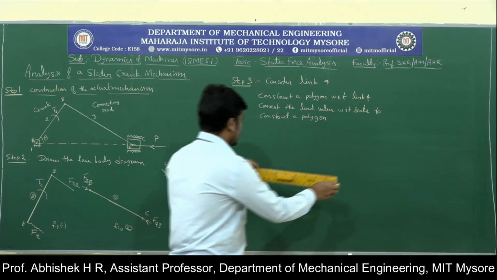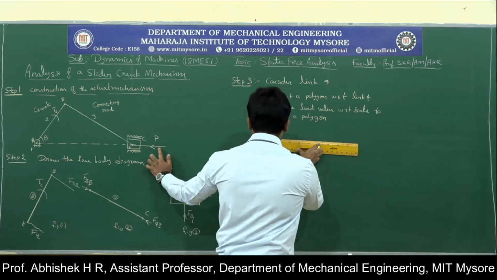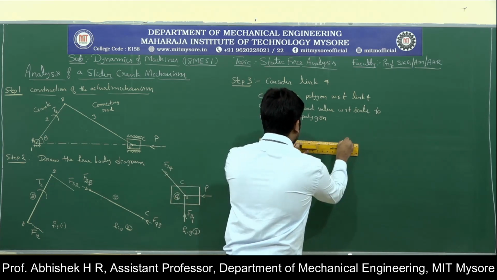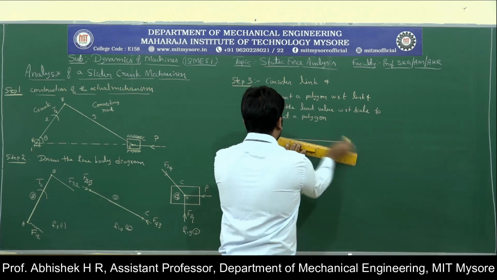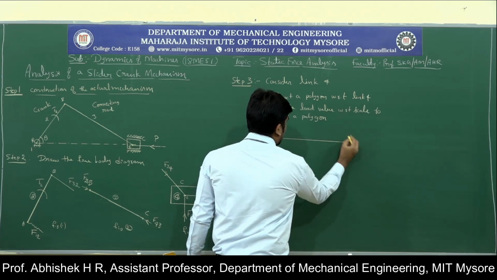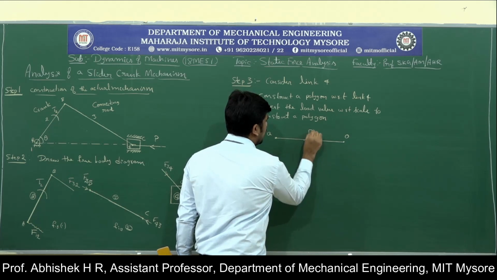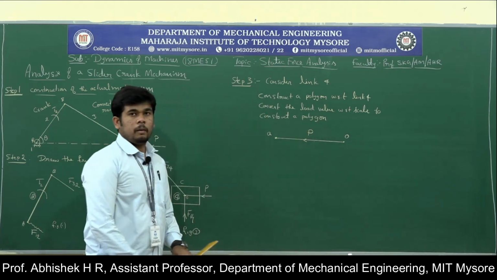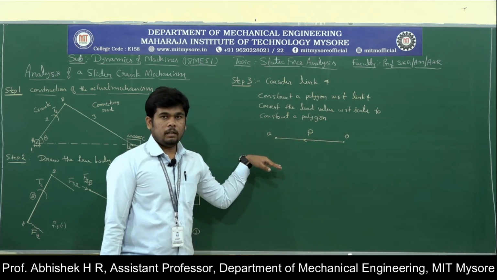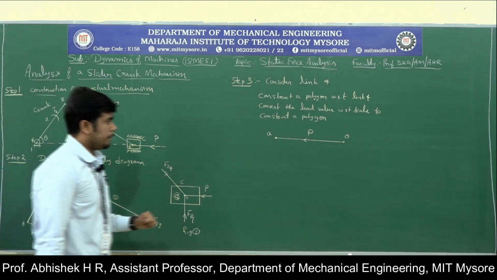So draw a line parallel to the load, the actual load on the mechanism, with respect to the converted scale. Let us call this point OA. This is the P. So for the converted scale, I have drawn a line parallel to the load which is acting on the mechanism.